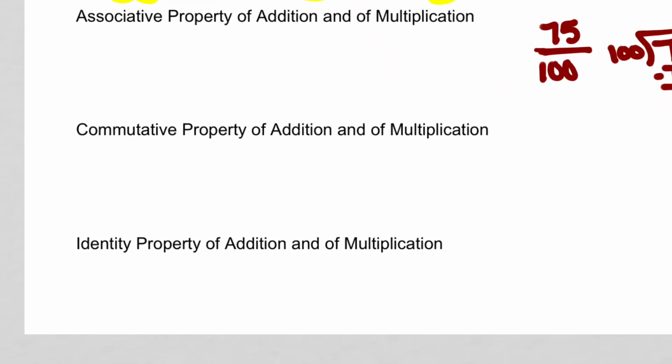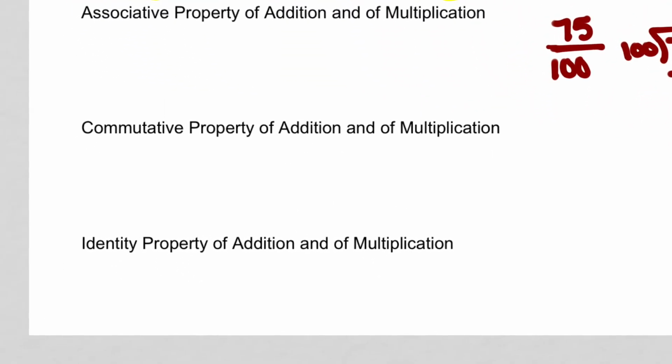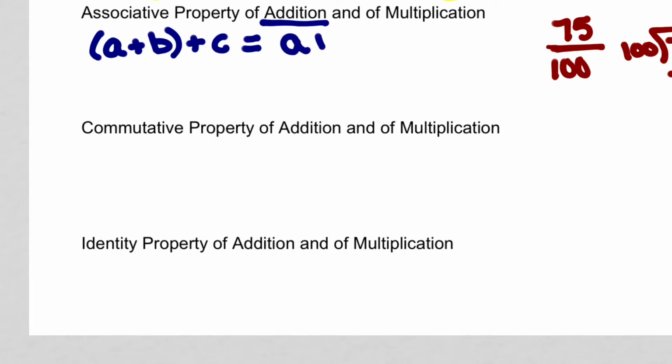All right, so let's back out of here and let's see, what is our next thing? The associative property of addition and of multiplication. Well, quite simply, the associative property of addition means we can change its associations. So if I have A plus B, and then I add C to it, I'm going to have the same value as if I have my A, and then I add to that the sum of B plus C. I just changed the parentheses around.